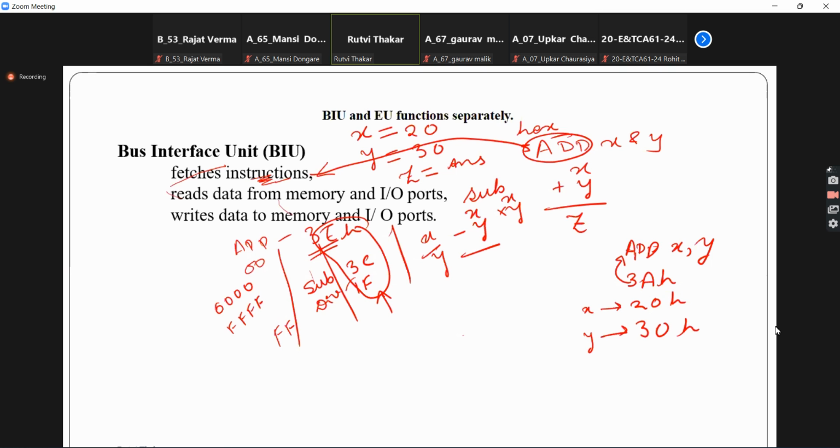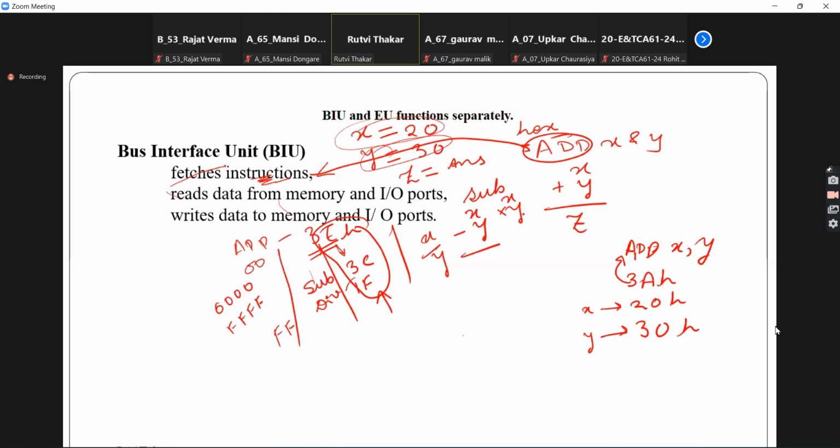Clear? Now, for addition or subtraction or division or multiplication, anything that I do, even assigning the number to variable x, assigning the number to variable y, I have an opcode. I have a specific number. This number is already defined or already stored in your microprocessor.